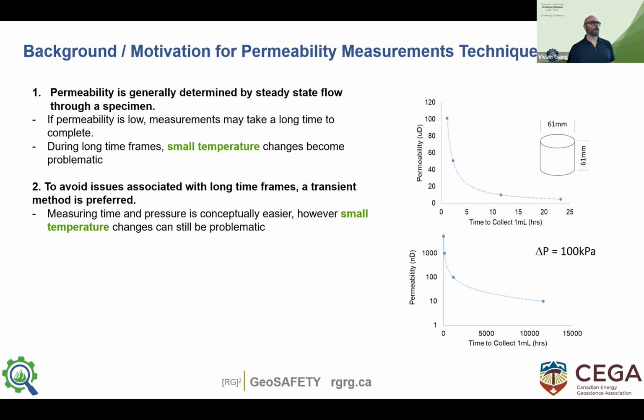What's the problem? The big problem with most experimental testing of very low permeability, maybe even mechanical properties, is that small temperature changes in your testing system can completely impact what you're trying to do. So with the transient approach, that issue is avoided because we're shortening the measurement time and therefore reducing the length of time that temperature change can occur.